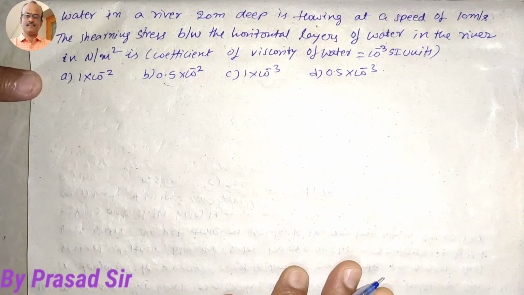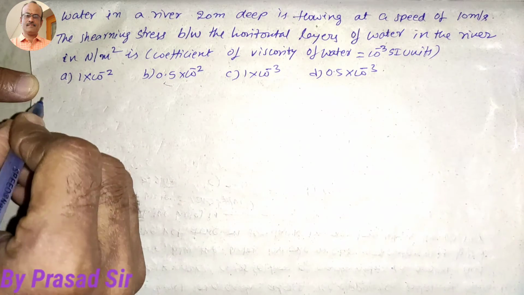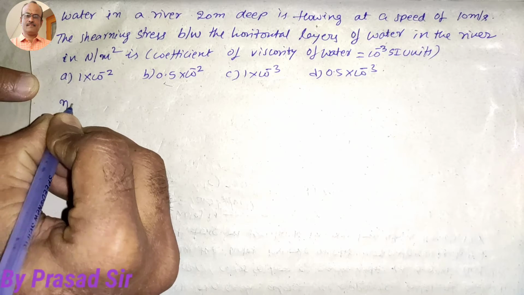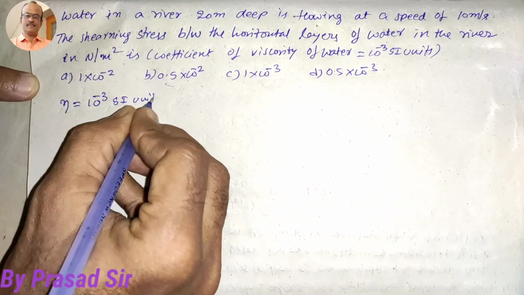Now question number 14. Water in a river 20 meters deep is flowing at a speed of 10 meters per second. The churning stress between the horizontal layers of water in the river, in Newton per meter square, is how much? The coefficient of viscosity of water is given as 10 to the power of minus 3 SI units.